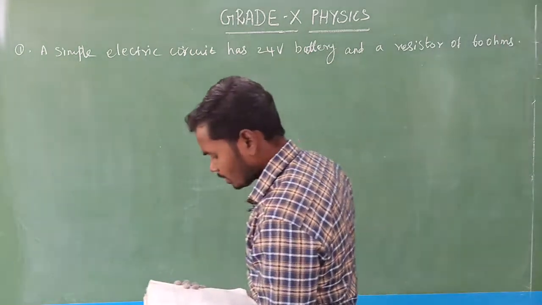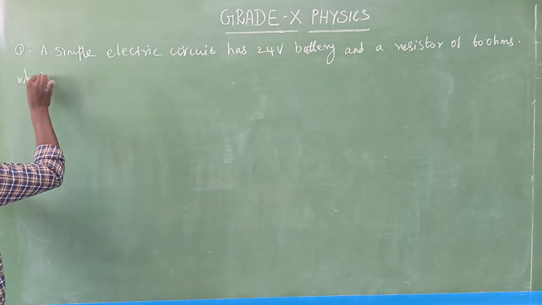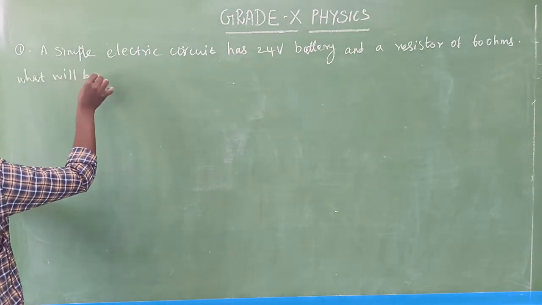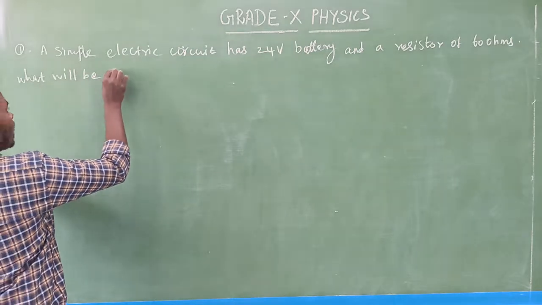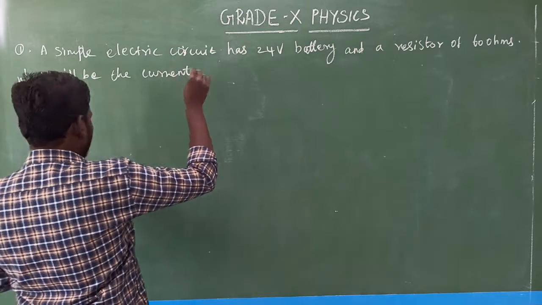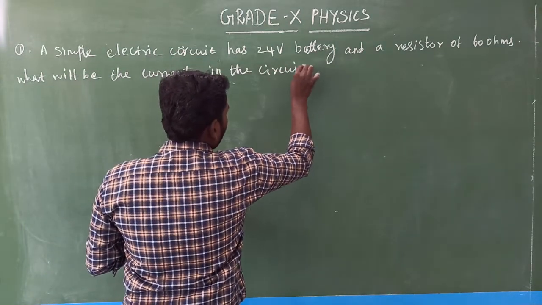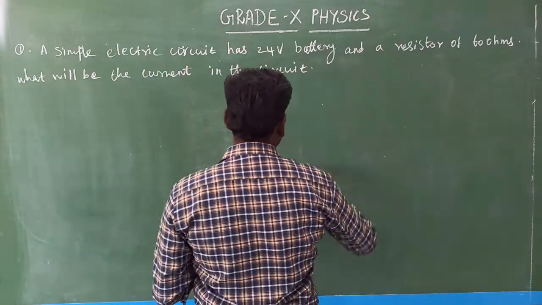Resistance value is how much? 60 ohms. What will be the current in the circuit? You find that out.